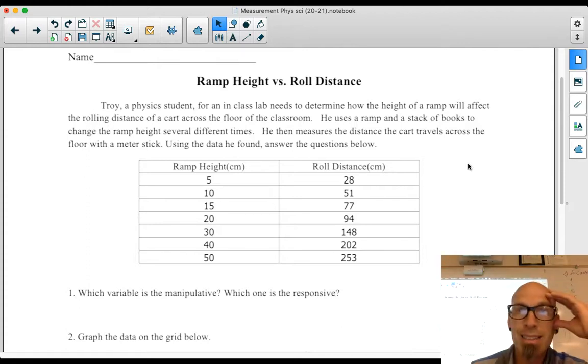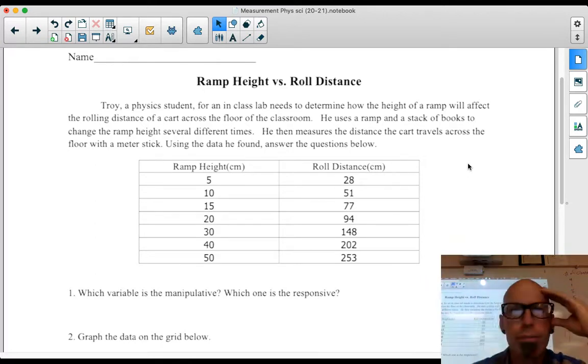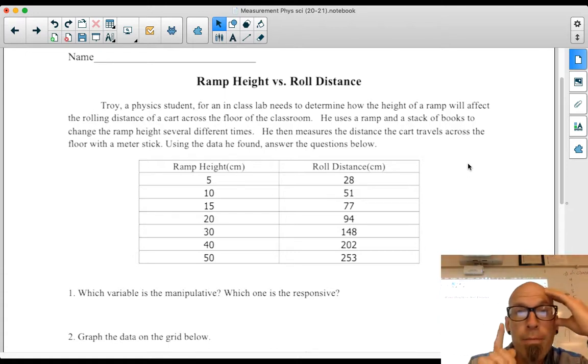Now, in class today, which again is Wednesday for the B1 people, it'll be Thursday for the B2 people. This is what you were supposed to have done for today. And the very first question here, which variable is manipulative and which one is responsive?